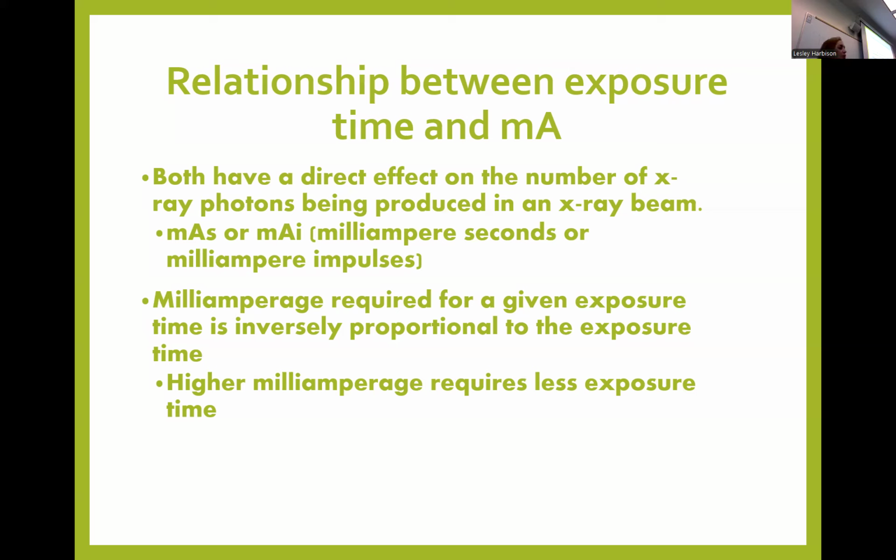Ultimately, that is completely out of our hands. We've said it a million times: MA is fixed, and all we can control is exposure time. But back in the day, if you raised the milliamperage, if you increased the amount of electrons, you could decrease the exposure time. They're inversely proportional. As one goes up, you don't need as much of the other. As one goes down, you need more of the other.